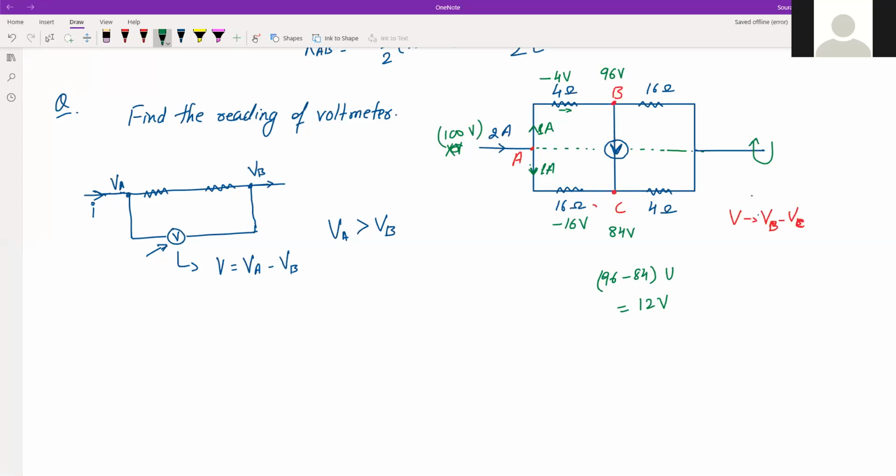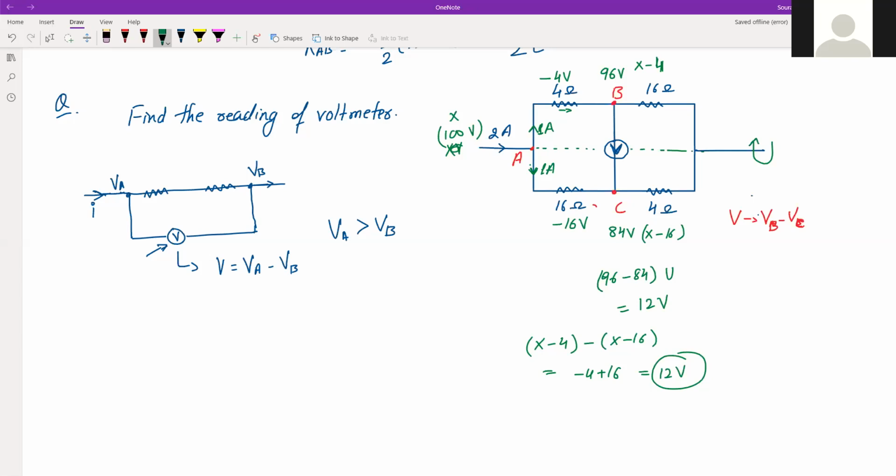You can choose anything else. Suppose I choose X. So what will be the voltage here? It will be X minus 4. And what will be the voltage here? It will be X minus 16. So again, what do we have to do? We have to do X minus 4 minus (X minus 16). So X minus X is gone, minus 4 plus 16, or 12 volts, right?